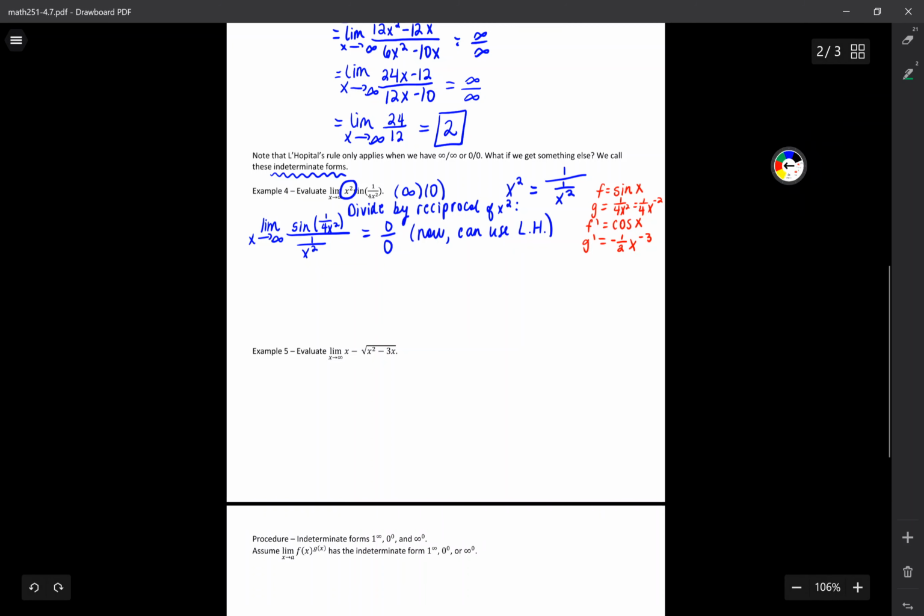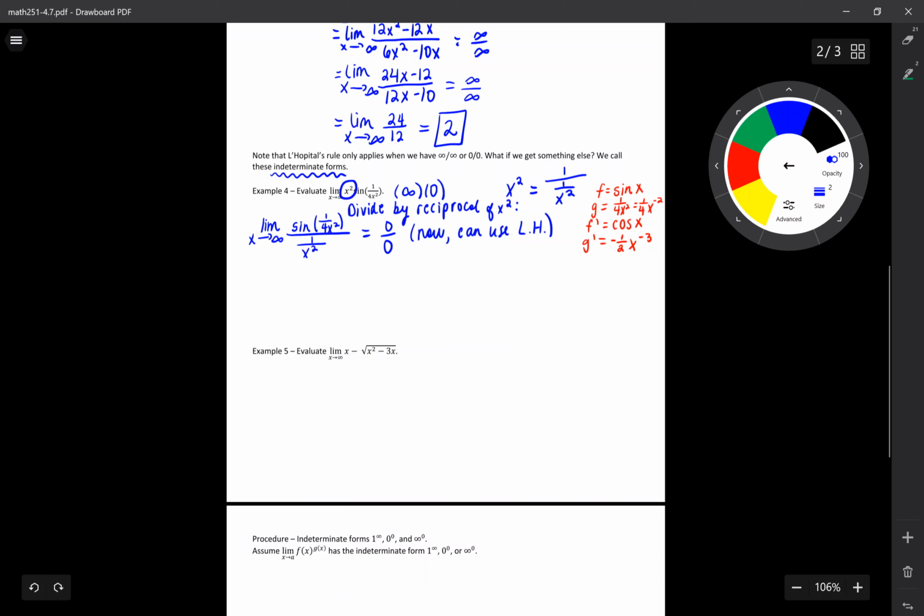So the derivative of the top here is, limit as x goes to infinity, f prime of g, that gives me cosine of 1/4 x to the negative 2 times g prime, which is negative 1/2 x to the negative 3, divided by the derivative of the bottom.